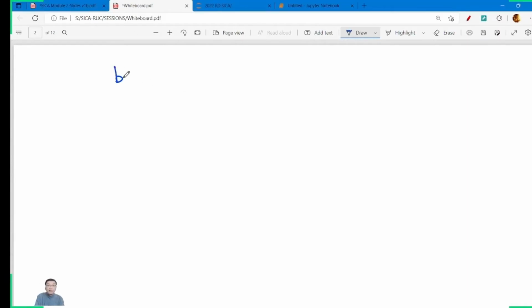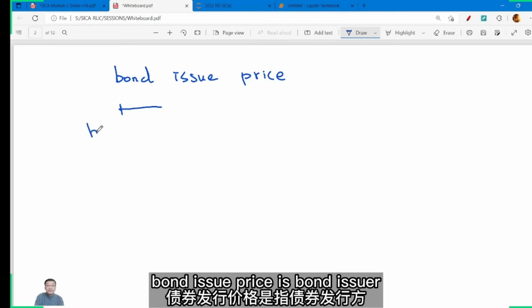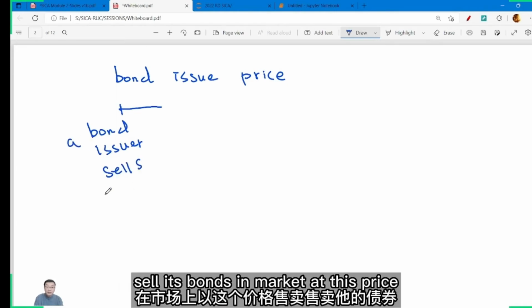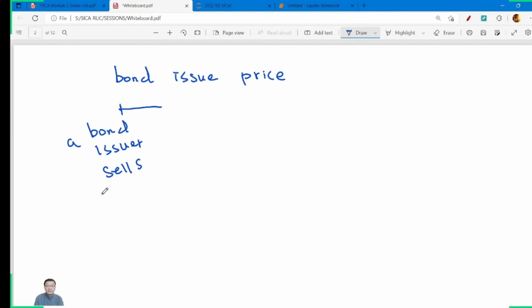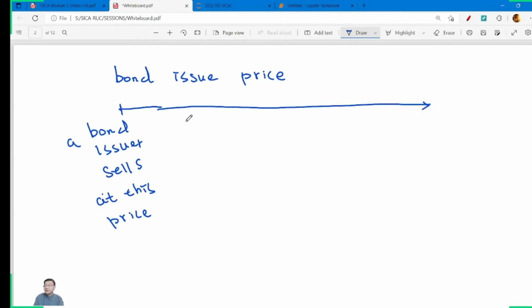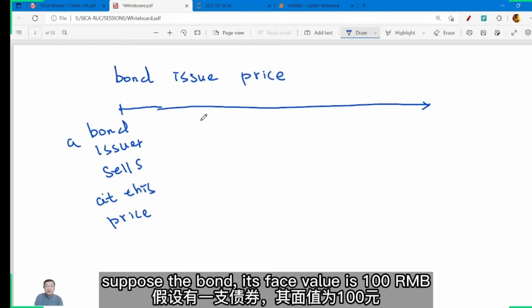Bond's issue price. Bond issue price is the price at which the bond issuer sells its bonds in the market. We have 3 situations here. The first situation, suppose the bond's face value is 100 RMB.